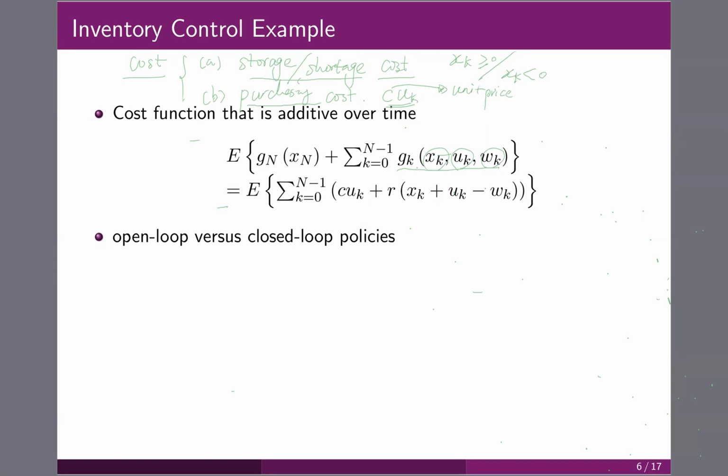And actually, this cost does not explicitly depend on wk, but xk depends on omega k minus 1, omega k minus 2, and so on down to omega 0. So in general, this gk is still random, and this is the cost at the last stage.